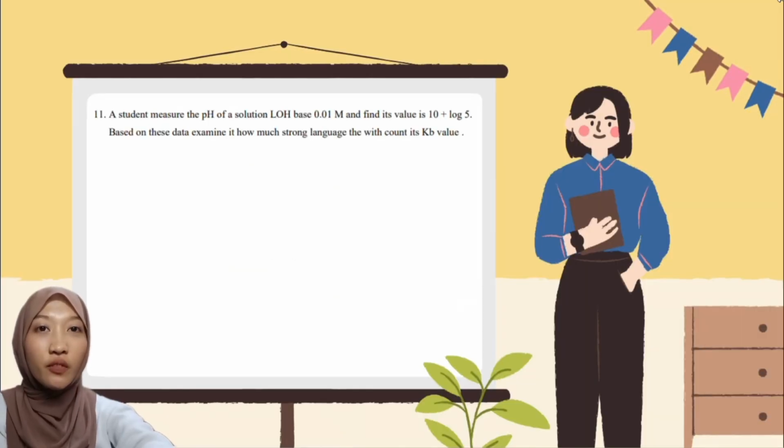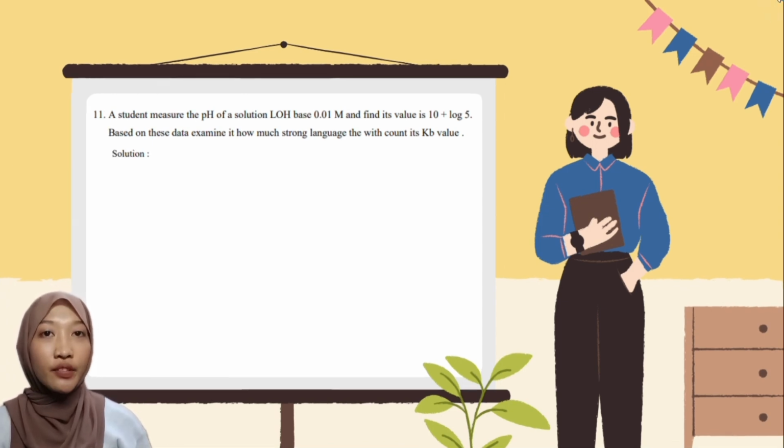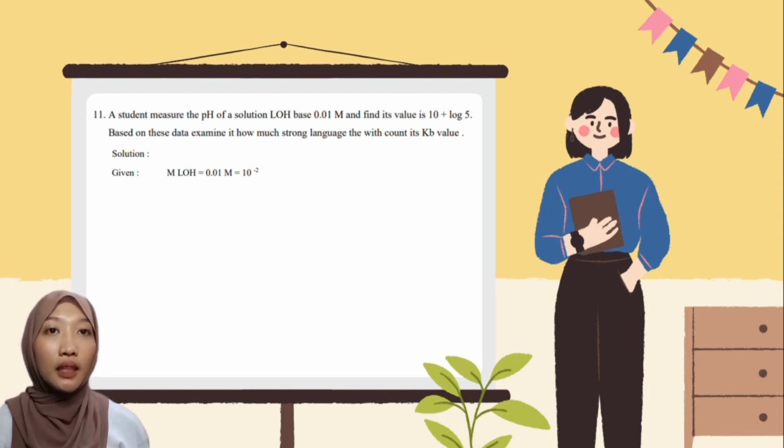11. Students find the pH of the LOH solution is 10 plus log 5. Calculate the base strength by determining the Kb value. The solution is, first, given M LOH equals 0.01 M equals 10 to the power of minus 2 and pH equals 10 plus log 5.